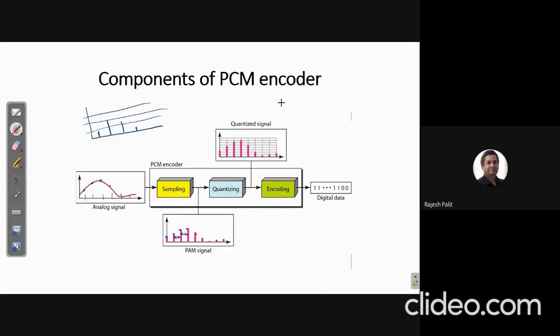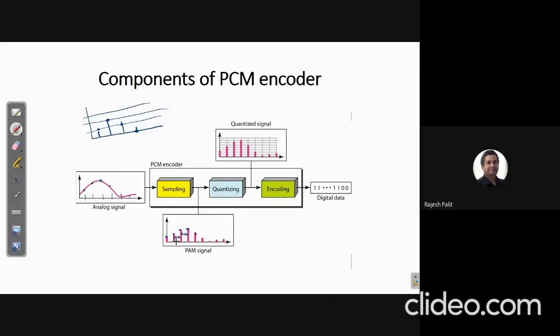So after taking the sample, we need to approximate the amplitude to the nearest level. We need to assign a level to each sample, and that is called quantization.